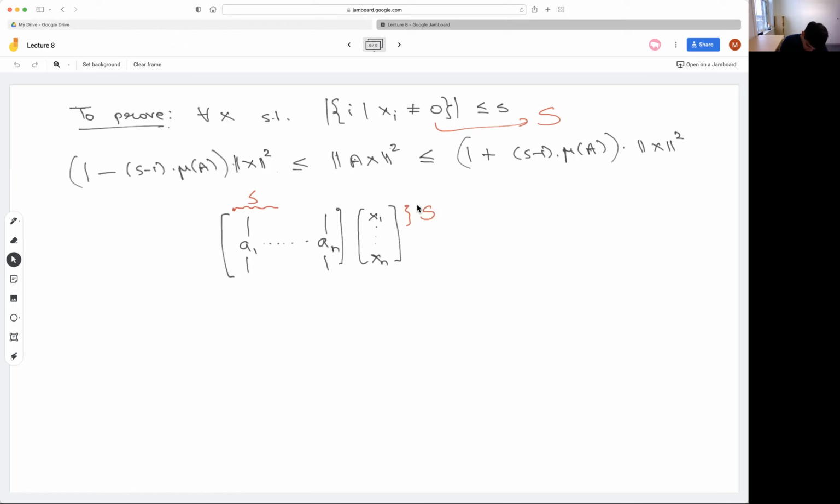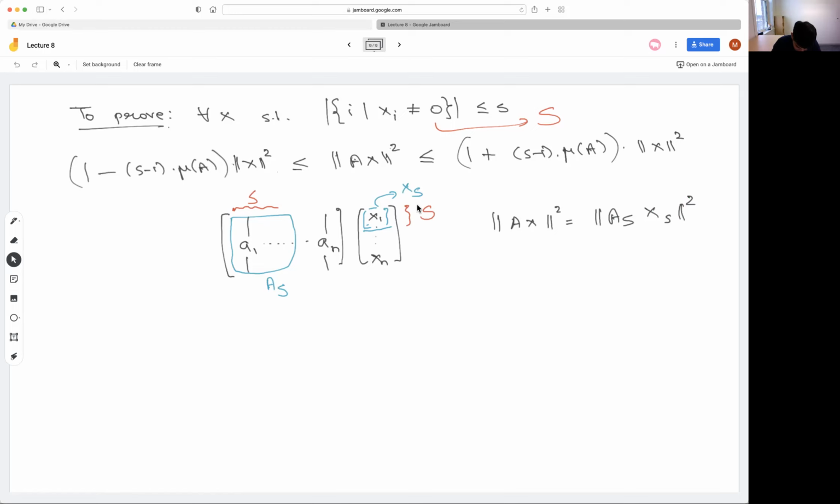Let's look at this matrix restricted to these columns and call it A sub S, and the non-zero entries of X we call X sub S. Because all the other entries of X are zero, the norm of A times X squared is equal to the norm of A sub S times X sub S squared.